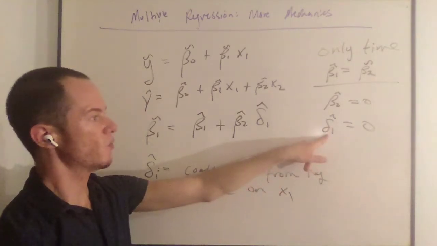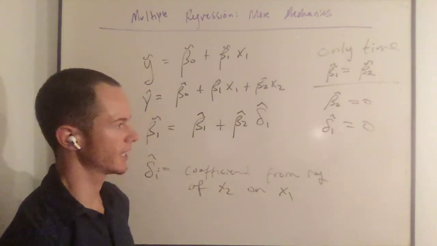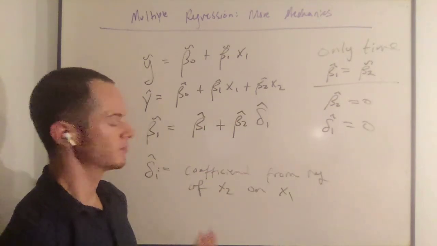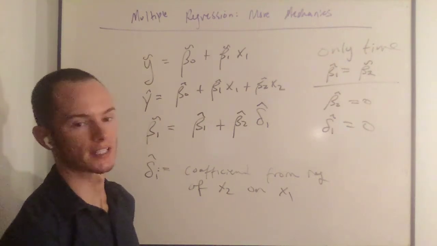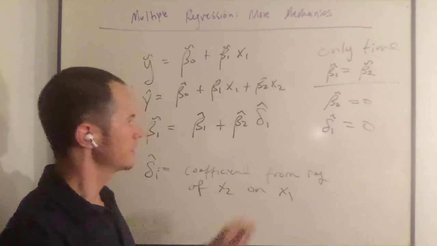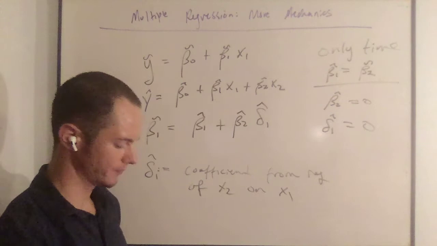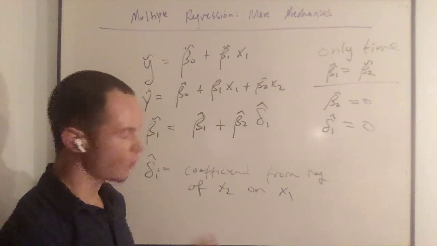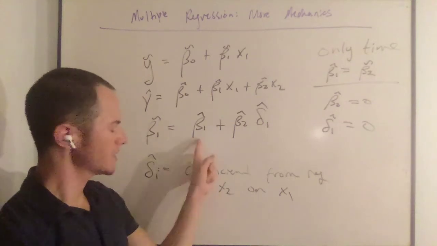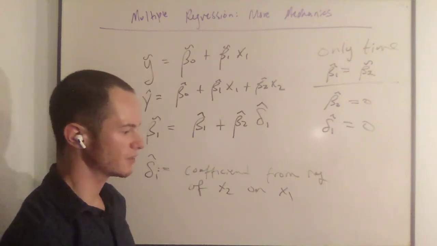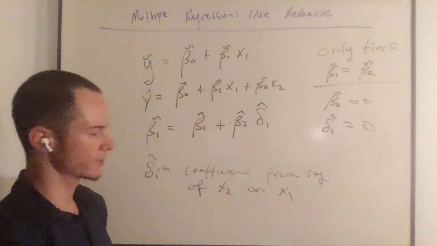If delta 1 hat is equal to 0, then x1 and x2 are not correlated, and there would not be that concern for omitted variable bias, and we would still be able to make our ceteris paribus conclusions. These are the only cases that beta 1 hat is going to be equal to beta 1 tilde. And once we prove that beta 1 hat is our unbiased estimator, we're going to show what happens when we have this bias going on.